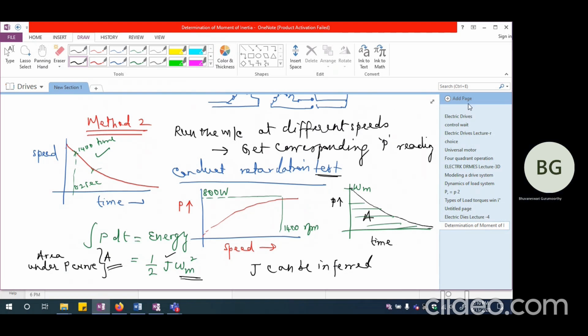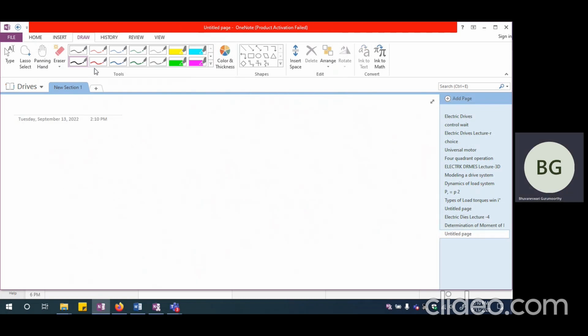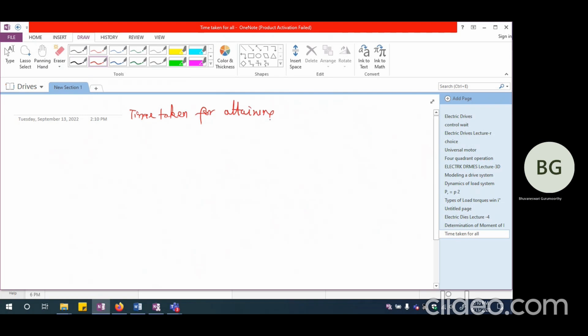Now, if we have the moment of inertia and we know at what rate my drive system is accelerating, I should be able to calculate how much time is taken for attaining a specific speed.